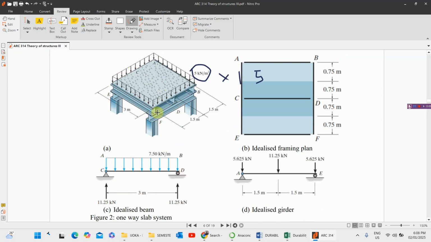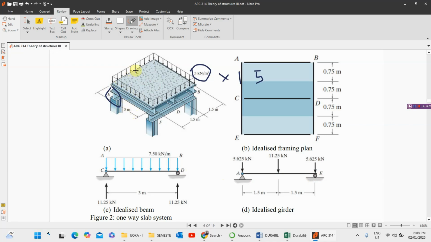Now let us look at this girder. We have the AE and BF girders. Let us consider this girder AE, that is this one here. This is the girder we're talking about. To consider this girder, what load is it going to carry?